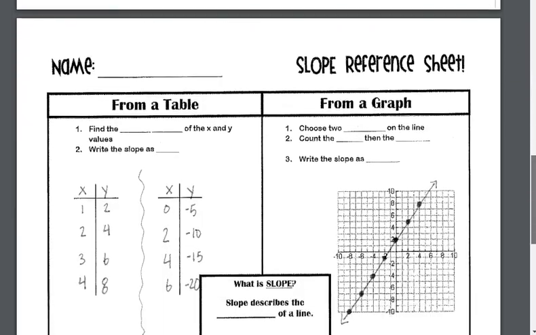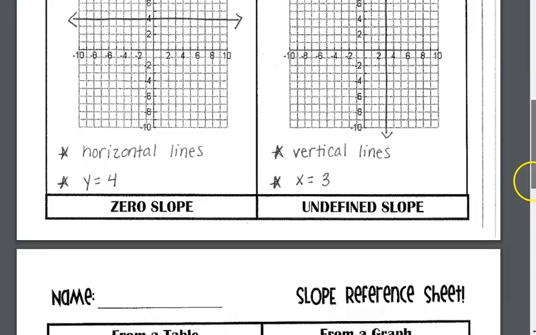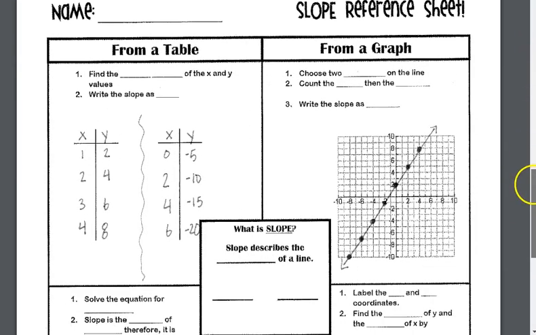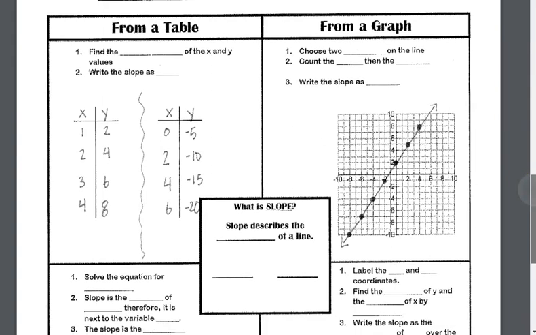All right, next piece, if you flip your paper over, this is really the main piece that we want to really understand, how to find slope. So let's start here in this box in the middle. What is slope? Slope describes the steepness of a line.